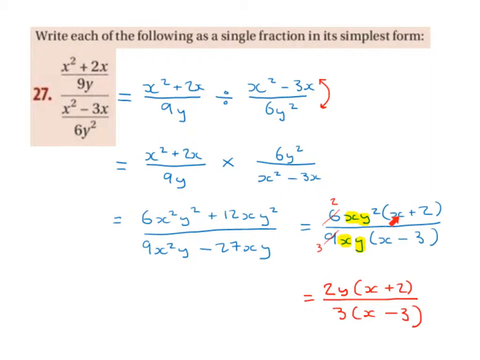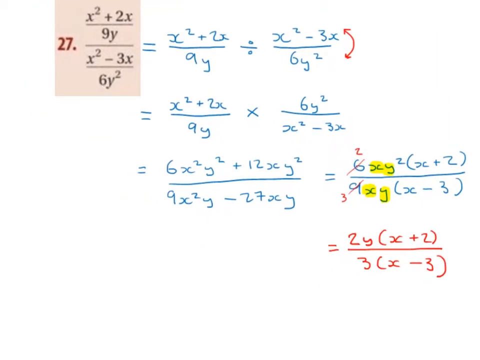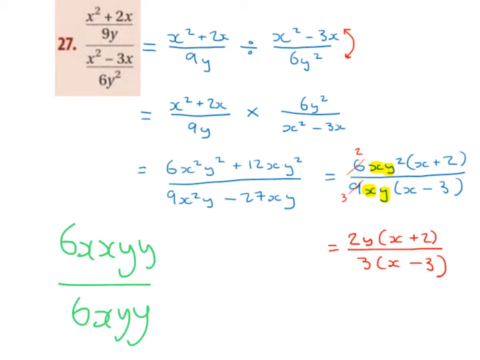So we can have a look at this using rough work. So 6x squared y squared can be rewritten as 6xxyy. And we're dividing this by 6xy squared, because this is our HCF.